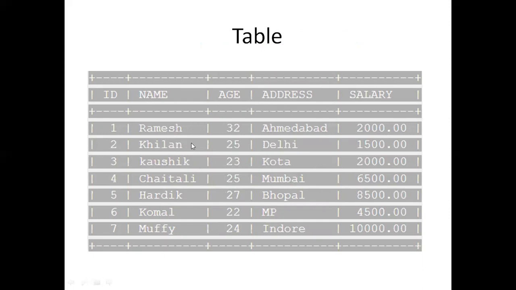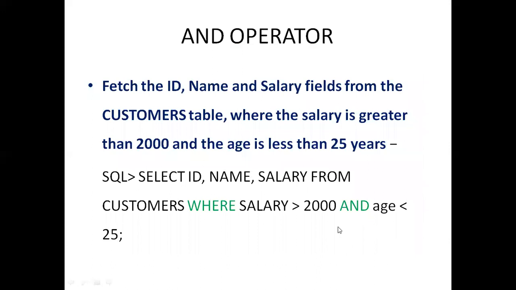What I am telling is, I want to retrieve the names of the employees whose age is greater than 25 and whose salary is also greater than 2000. Two conditions must be satisfied, then such records I want to retrieve. So what operator should you use? AND operator. This is one example.